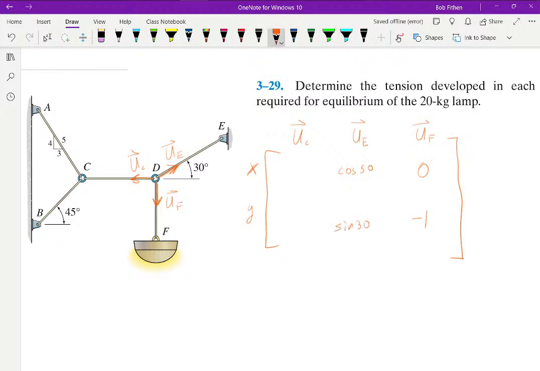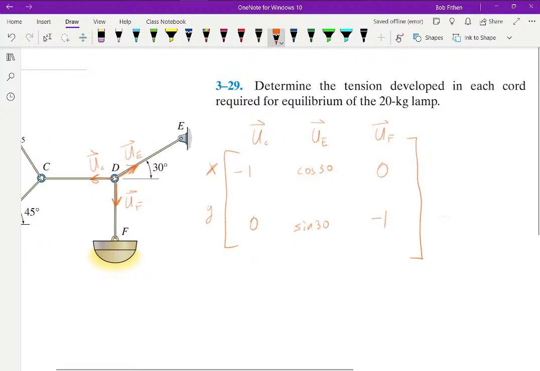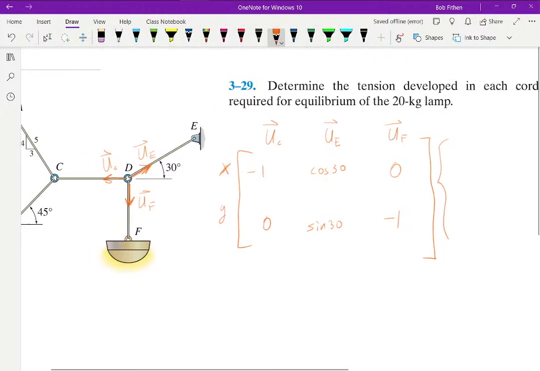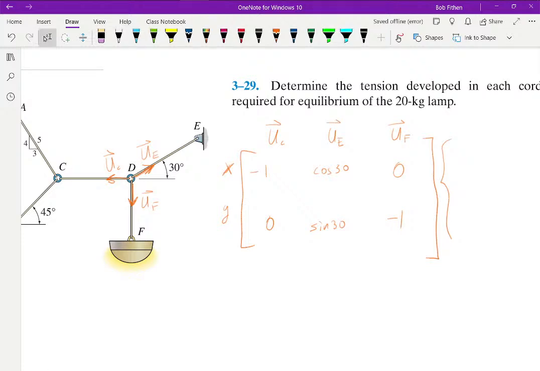UC goes directly to the left and has nothing to the right. So tension towards C, which I guess, hang on. Now wait a minute. UF was correct. UE was right here. Yeah, UC. All right.